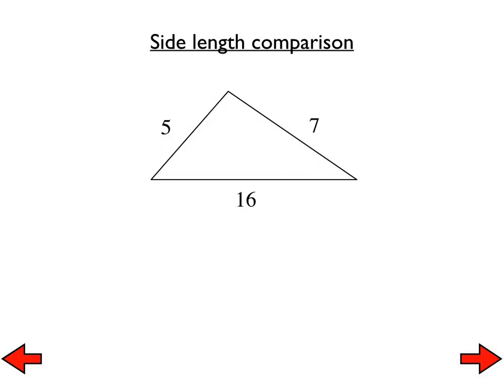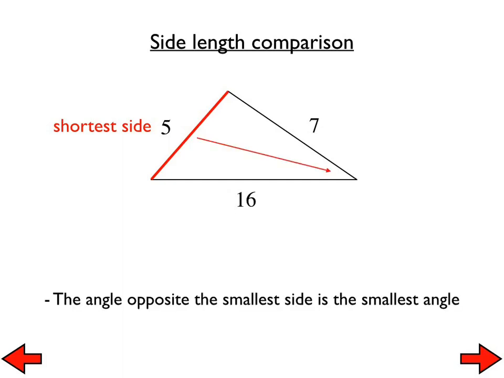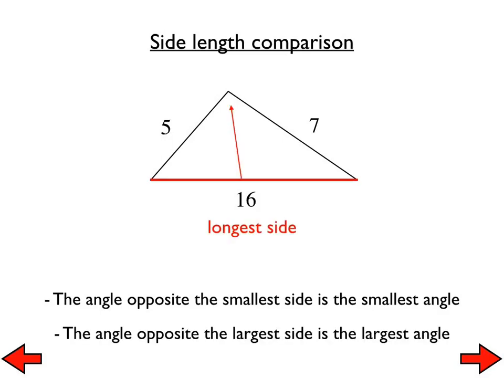The smallest angle is opposite the shortest side. So there's the shortest side, so that means that has to be the smallest angle, and I know there's a couple of areas where you need to fill something in your notes right now. And then this is the longest side, so the angle opposite that has to be the largest angle. And that should kind of make sense to you.